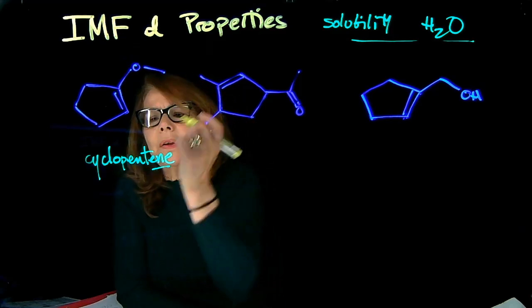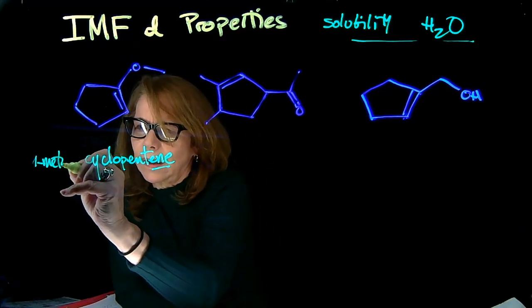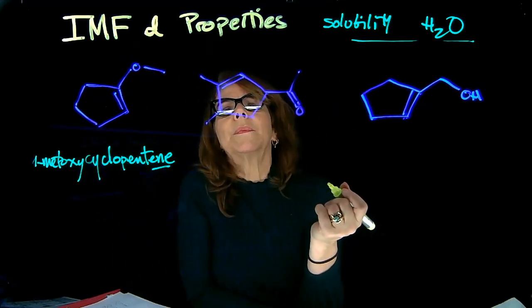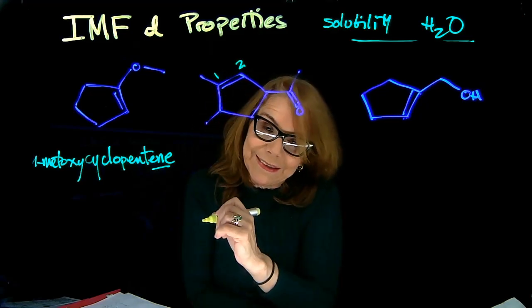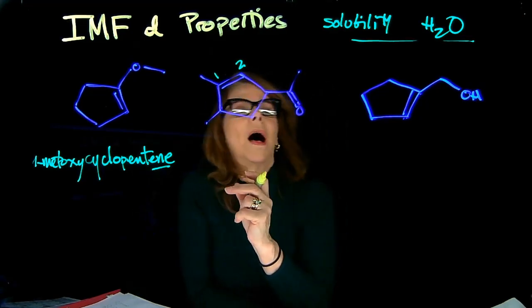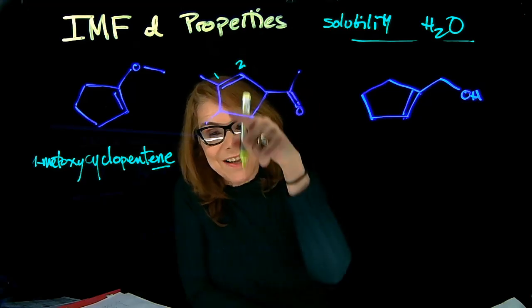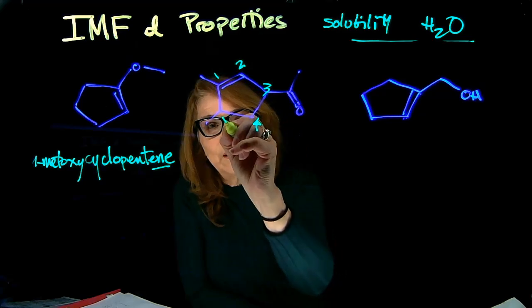And so here you can say 1-methoxycyclopentene. Here I need to do 1, 2. When I'm numbering the alkene, I must give consecutive numbers to the 2 carbons on the double bond. So 1, 2, so you don't do this. This is not part of the double bond. So 1, 2, 3, 4, and 5.